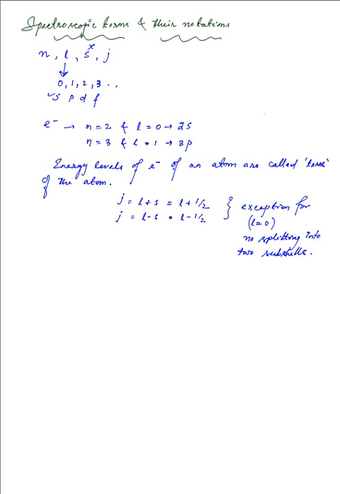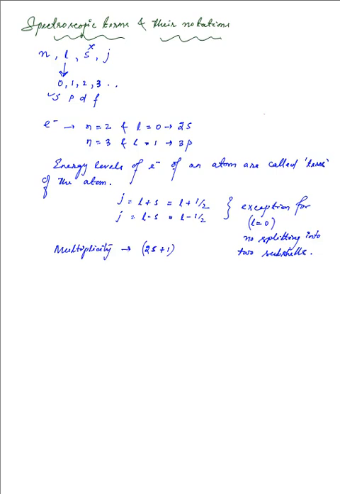Now the number of different possible orientations of L and S, and hence even the number of different possible values of J, is known as the multiplicity. And multiplicity is given by the factor 2S plus 1.